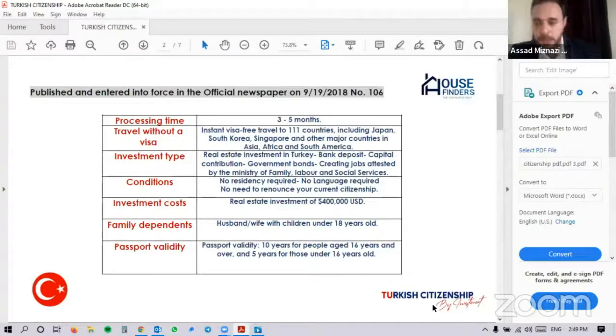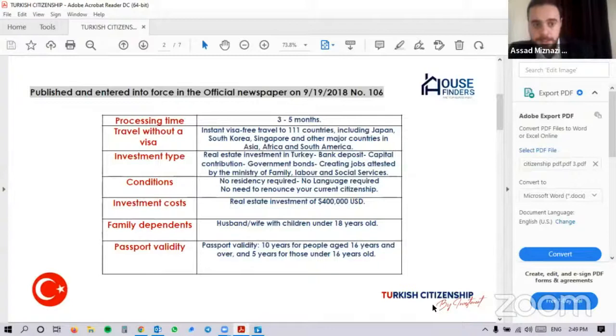And now, recently, though not executed yet, it turned to $400,000. You should buy one property or more, and the total amount should be $400,000. You, your wife, and all children under 18 can get it without any extra fees. There is no donation, there is nothing. You buy a property, you get your Turkish nationality right away.